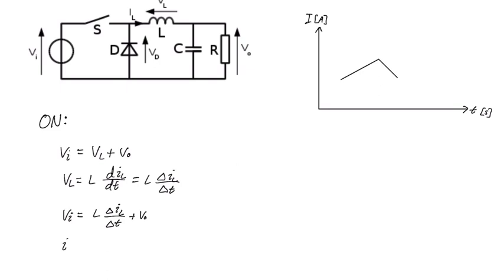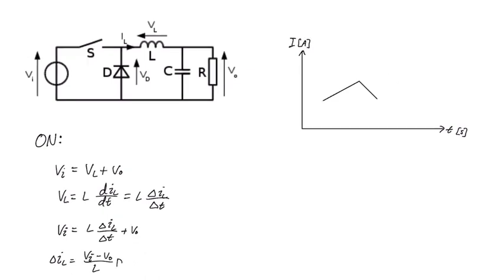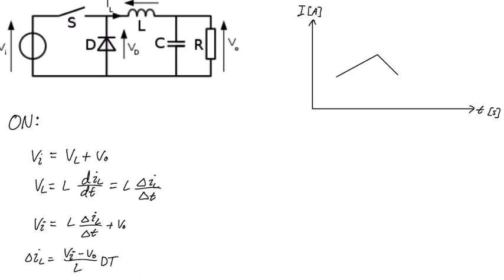So delta I is equal to VI minus VO over L multiplied by delta T. So in this case, delta T is equal to DT, where D is the duty cycle and T is the period, right?